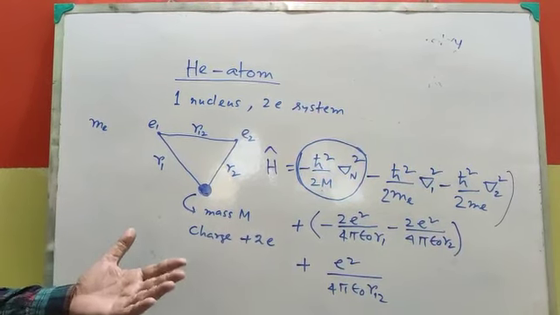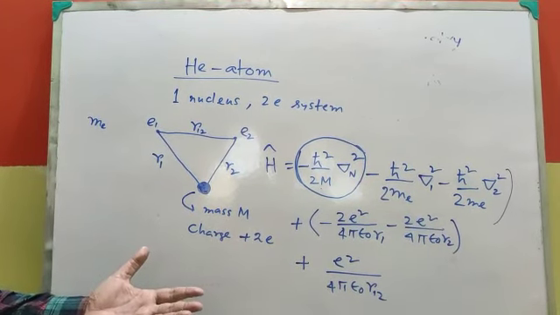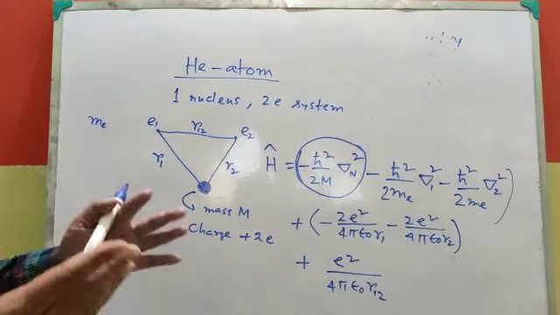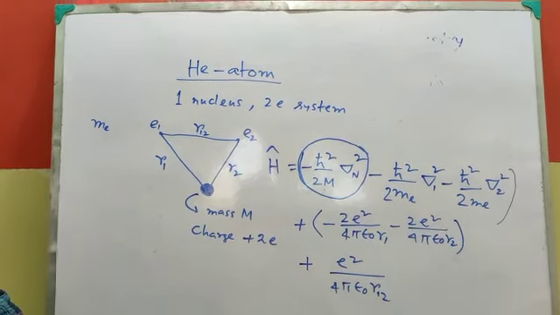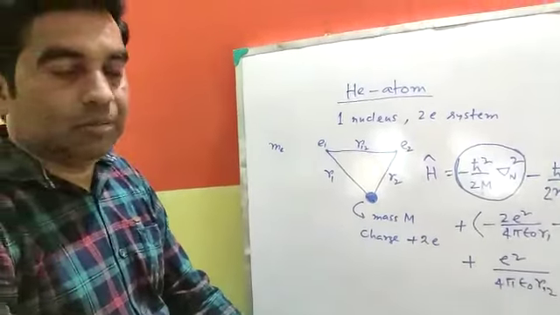We already know Born-Oppenheimer approximation says that during electronic transition, the nucleus remains fixed.